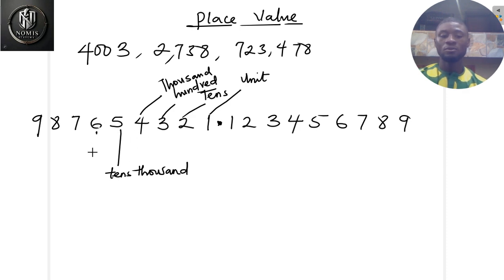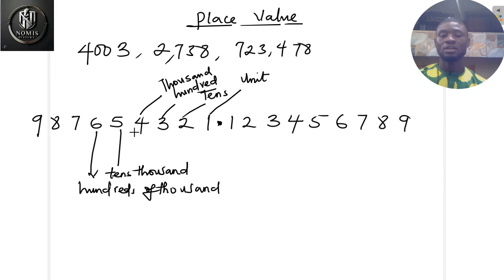Followed by this will be hundreds of thousand, 100,000. If I need to pronounce this 6, I'll say 600, 600, because the place value of 6 is 100,000.